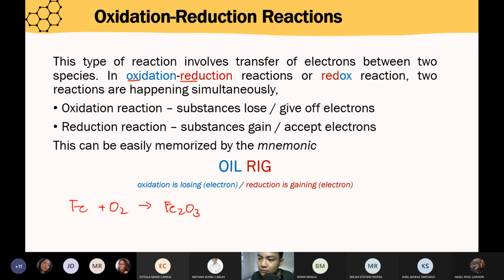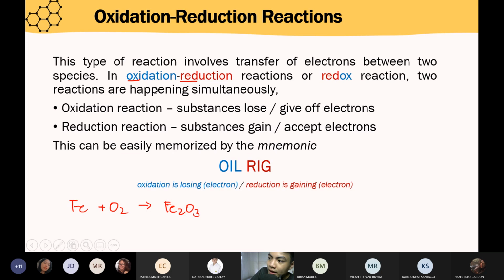Yun yung isa sa mga patunay that reaction is redox. That reaction underwent some transfer of electron. Kunwari yung isang metal naging ionic compound or yung ionic compound naging metal. So, yun yung common forms of redox reaction.